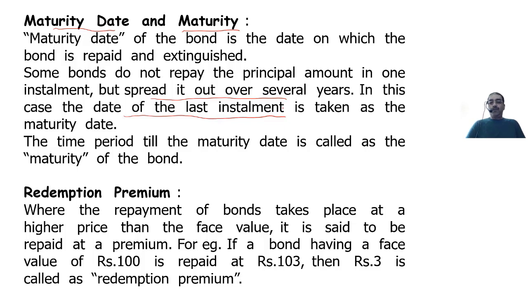Okay. Now, the next thing that we have got to learn is something called current yield. Now, always remember, this particular concept of yield is going to be very important for us.